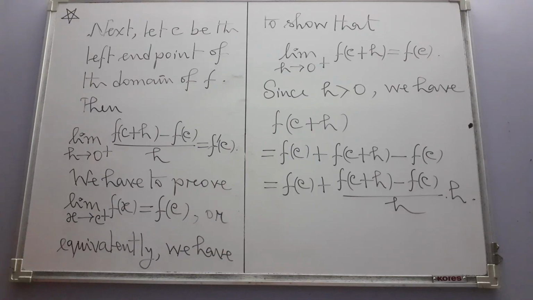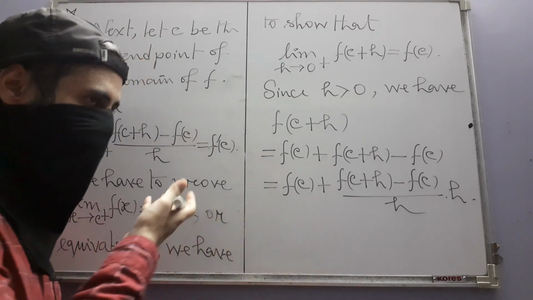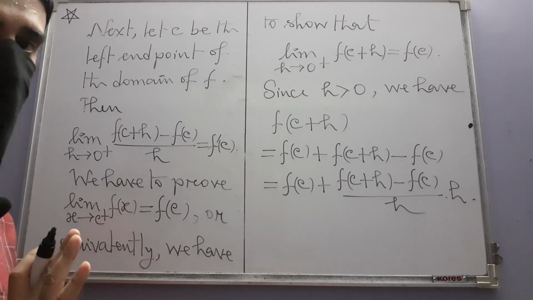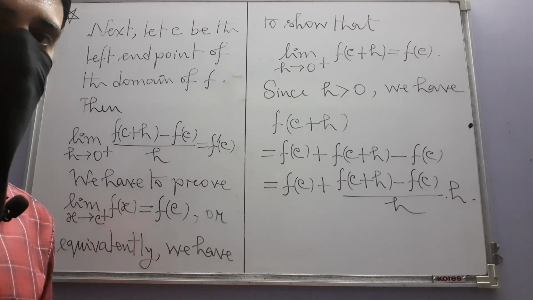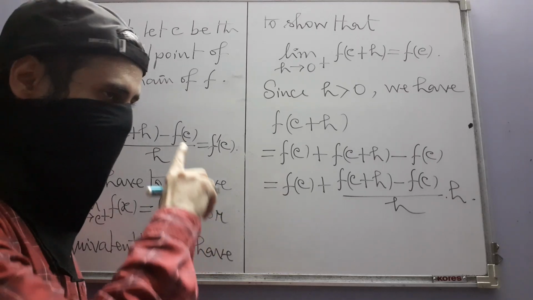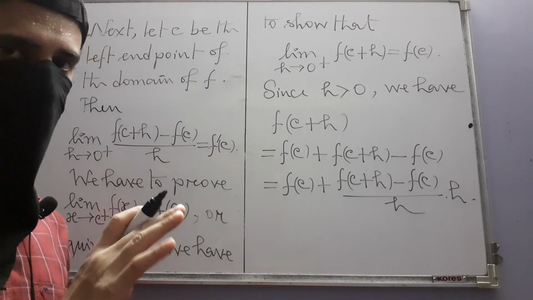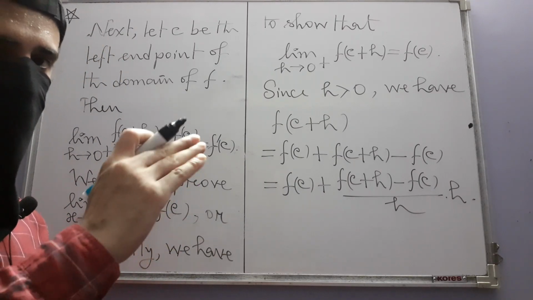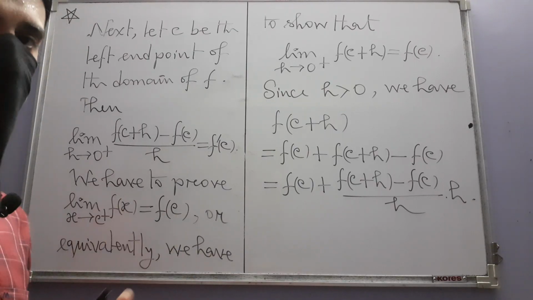Now you will have to apply a result that is similar to theorem 1 of section 1.2, but which is for one-sided limits. You may remember a remark that we gave after stating that theorem, and I think we proved a few parts of the theorem as well, not all of them.